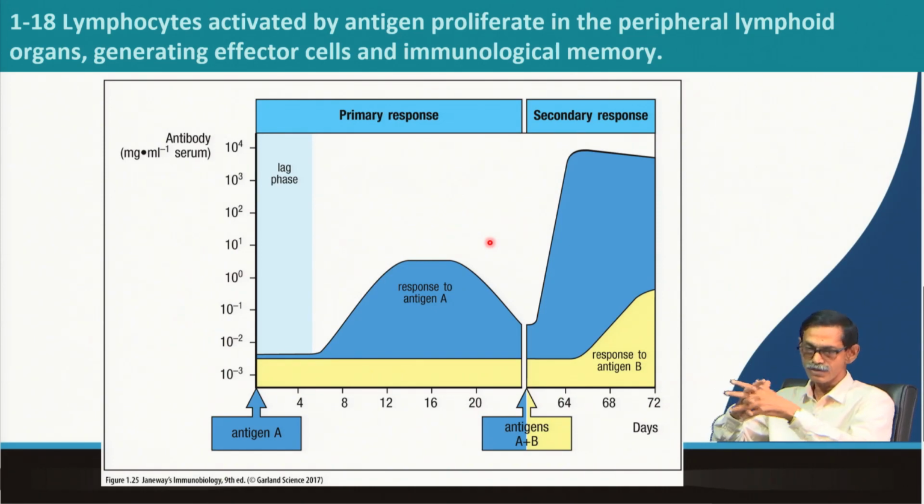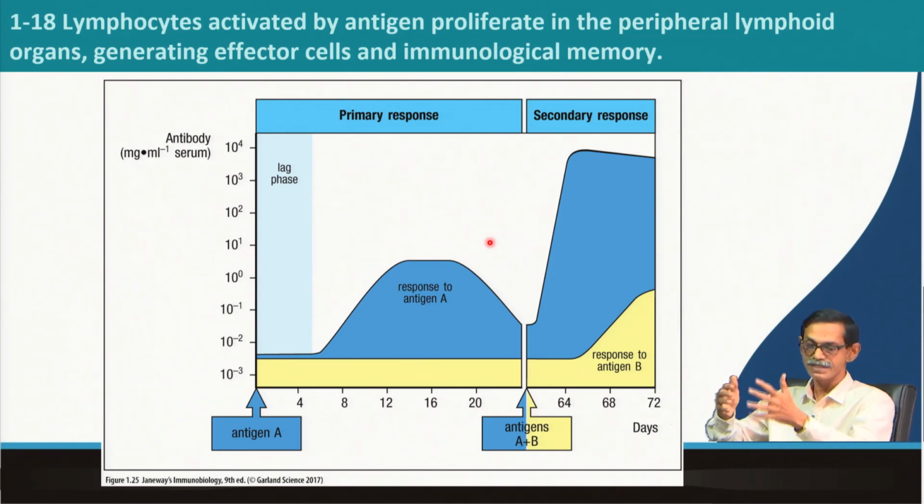So, here we are showing a graph in this picture. This is very important in that sense. This is the response, how it goes, and this particular graph is the major principle. What we are going to explain now is the basis of immunization.